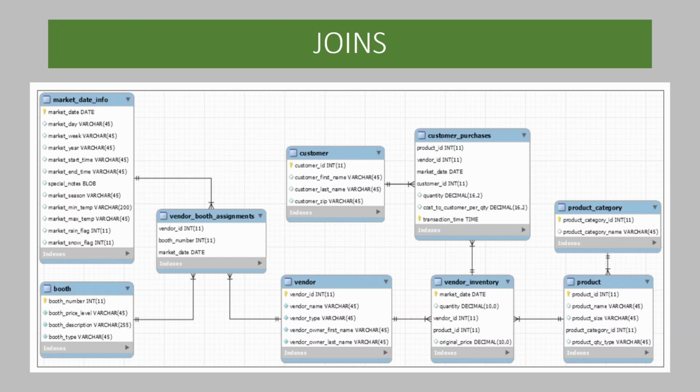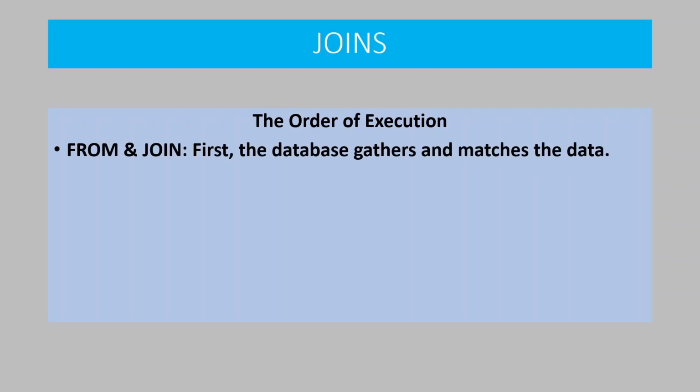Next we will see the order of execution, because if you want to understand how joins work, you need to understand how they are executed, I mean, before which function they are executed. First, the FROM clause gets executed along with the JOIN clause.